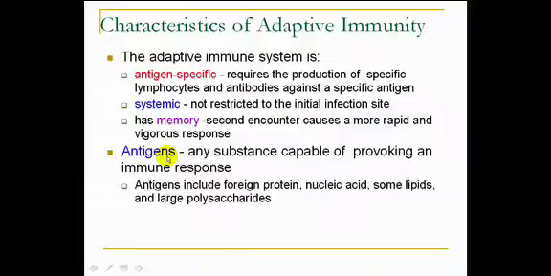The adaptive immune system is systemic, which means that these lymphocytes and these antibodies that are going to fight off these antigens are circulating throughout your system. The other thing that's unique about the adaptive immune system versus the innate is that the adaptive immune system has a memory. So what that means is the second time that you encounter that same antigen, your body's going to respond to it more vigorously and quicker.